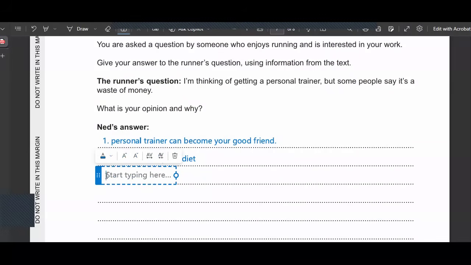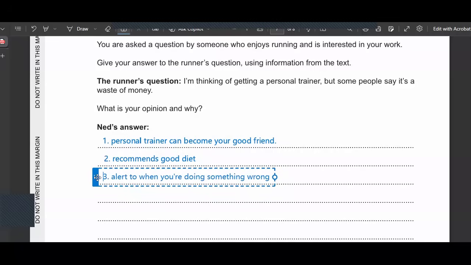So you can add on that the trainer is alert to when you are doing something wrong. Like there will be a person accompanying you when you're doing something wrong or you're getting very hard on yourself or you are overtraining yourself.